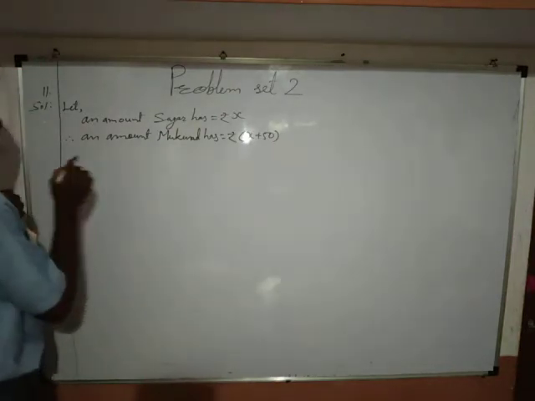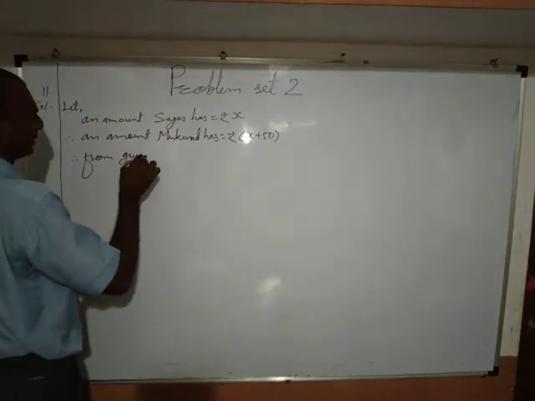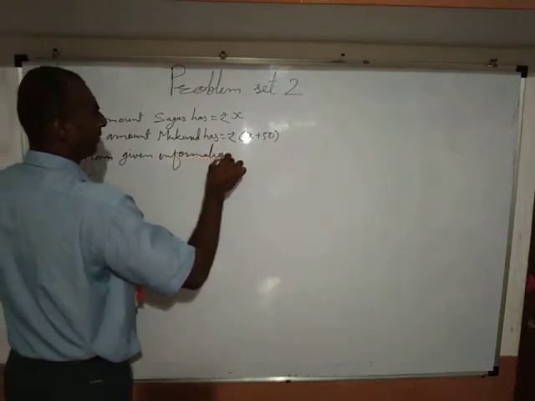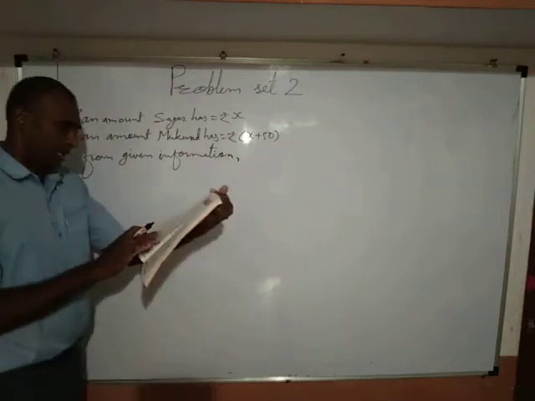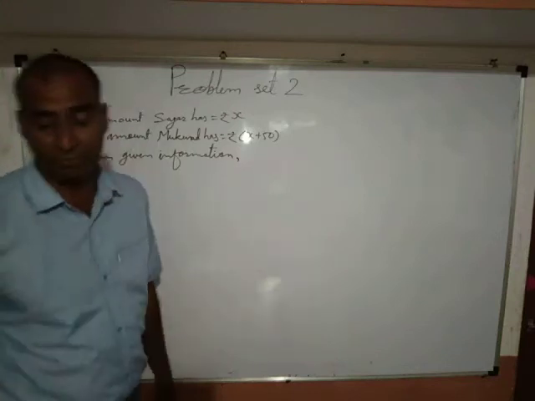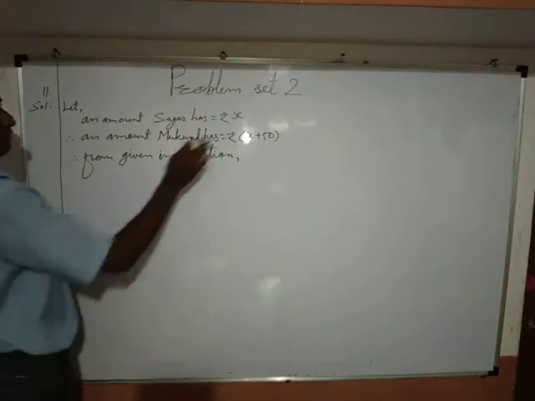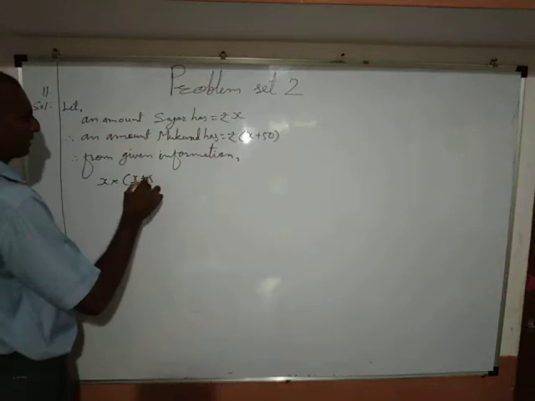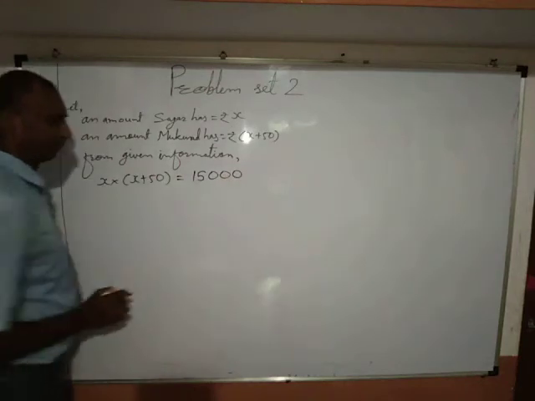From the given information, the product of the amount they have is 15,000. The product of the amount they possess means x into x plus 50, and that product is 15,000.